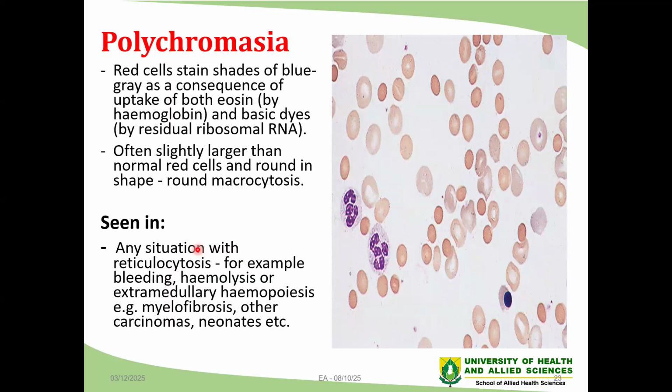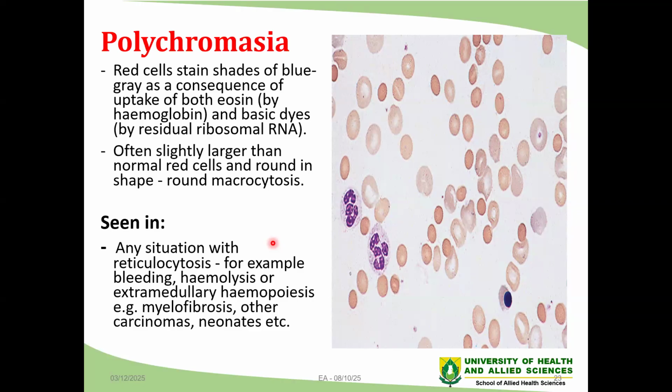So then we'll take a look at polychromasia. When it comes to staining our blood films, we use a stain, the Leishman stain, that contains eosin and methylene blue. Methylene blue is expected to stain the nuclei, and the eosin is expected to stain the hemoglobin.